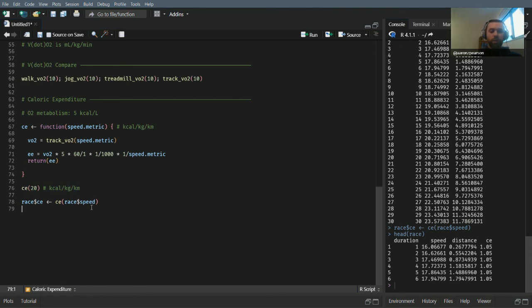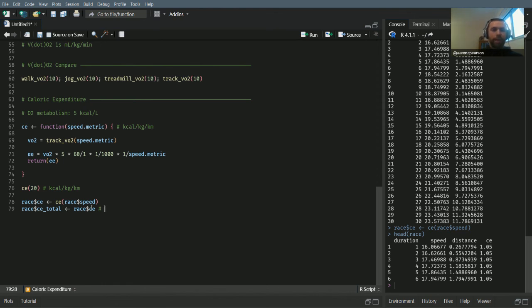And then we're going to want to know how many calories this individual burned, or kilocalories, over the course of the race. So we'll do caloric expenditure total. And here's where we need the calculation of race times caloric expenditure. Keep in mind that this is in kilocalories per kilogram per kilometer.